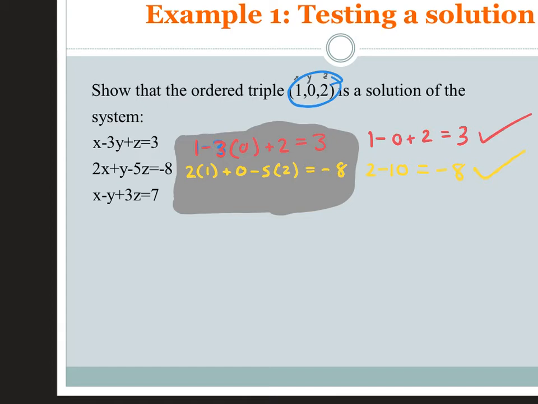And then again, plug in our x, y, and z. 1 minus 0 plus 3 times 2 is equal to 7. This is 1 plus 6 is equal to 7, which is true. So for this one, if we wanted to, we could solve our systems of equations and get this as our answer, and that would prove that it's a solution, but it's a lot less work just to plug it into each equation and see if it all works.